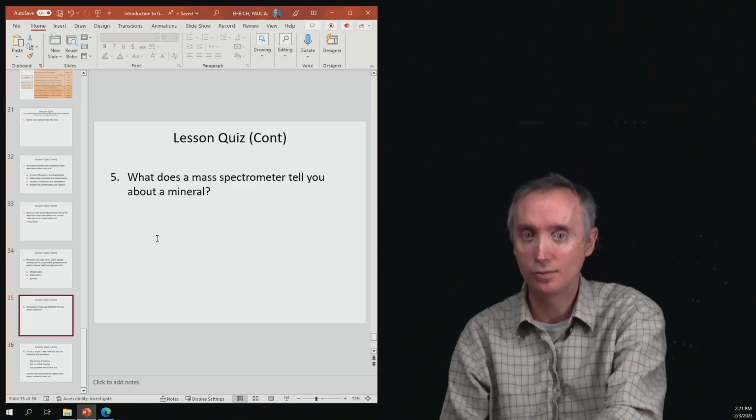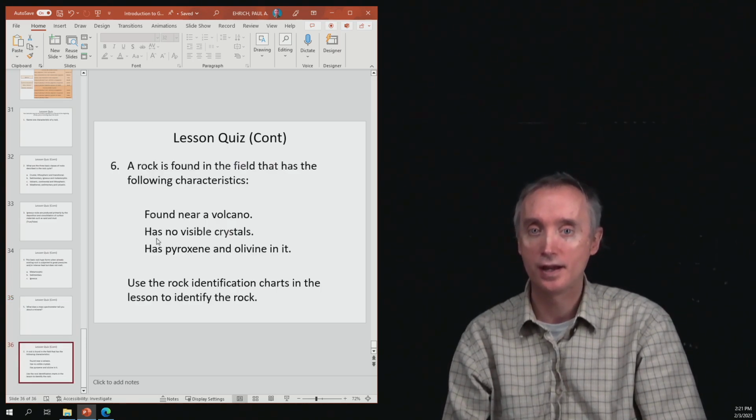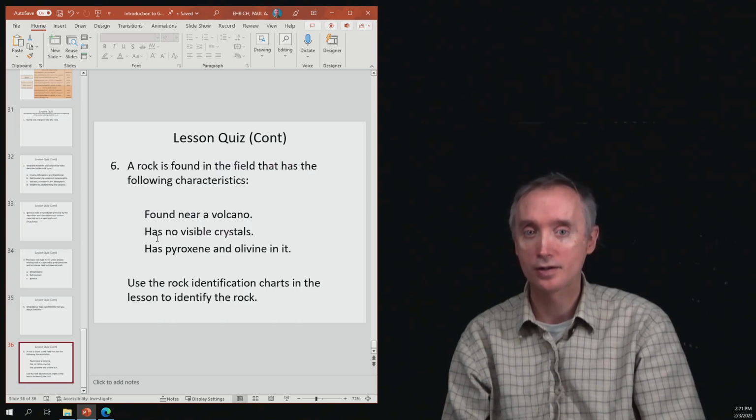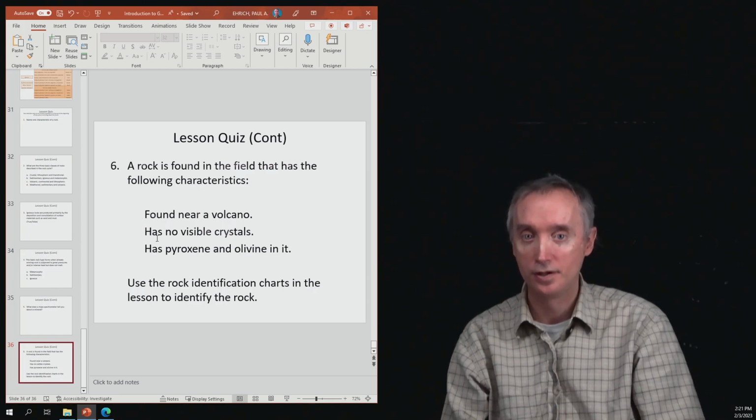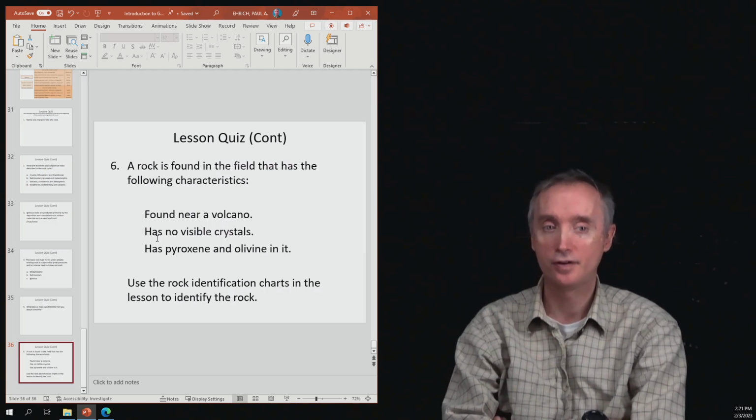Okay, then this last one: a rock is found in the field that has the following characteristics. It's found near a volcano, it has no visible crystals, and it has the minerals pyroxene and olivine in it. So use your rock identification charts to identify the rock.